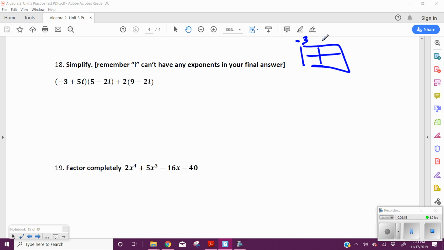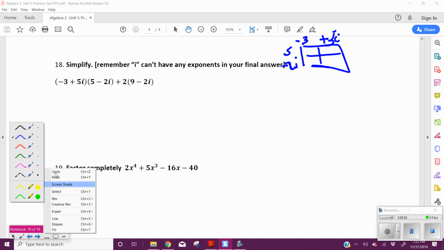And I'm going to take it to the side so I have some space to work. So negative 3 with a positive 5i. That's a 5. And then 5 with a negative 2i. Multiply.